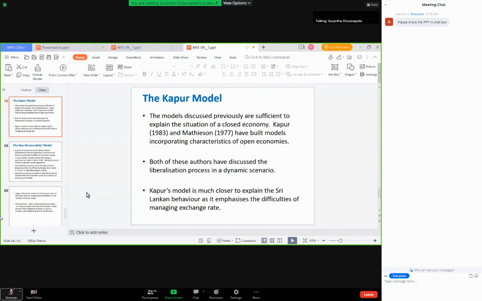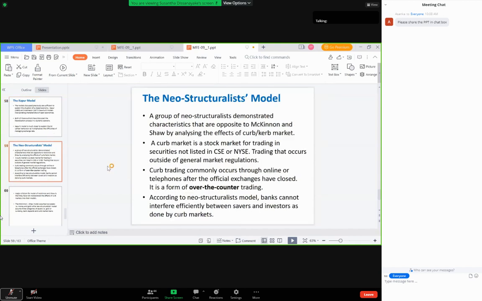So that's the idea here. Now we are moving to the next one, the neo-structuralist model. We'll see what they have come up with on this point. A group of neo-structuralists demanded characteristics that proceed to McKinnon and Shaw by analyzing the effect of the curb market.